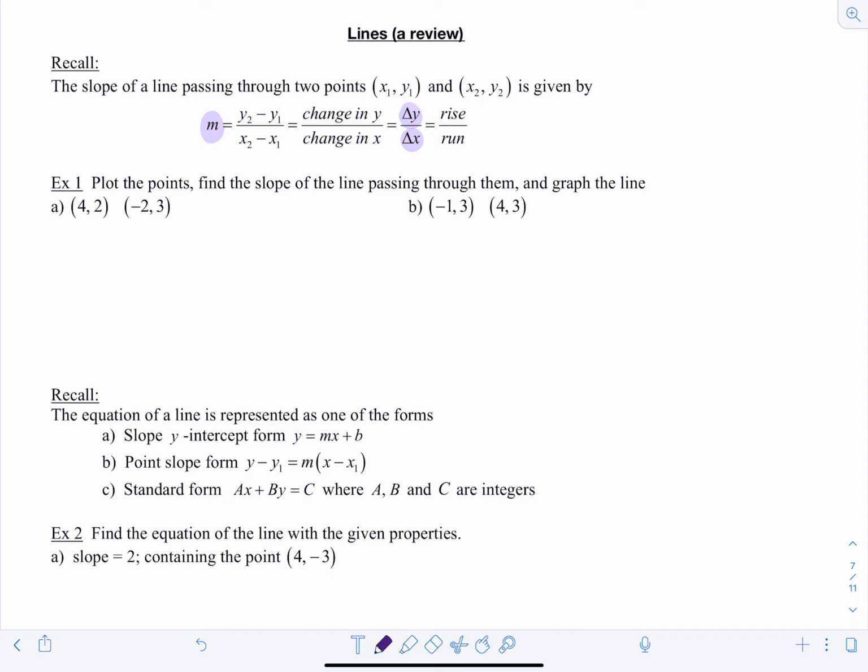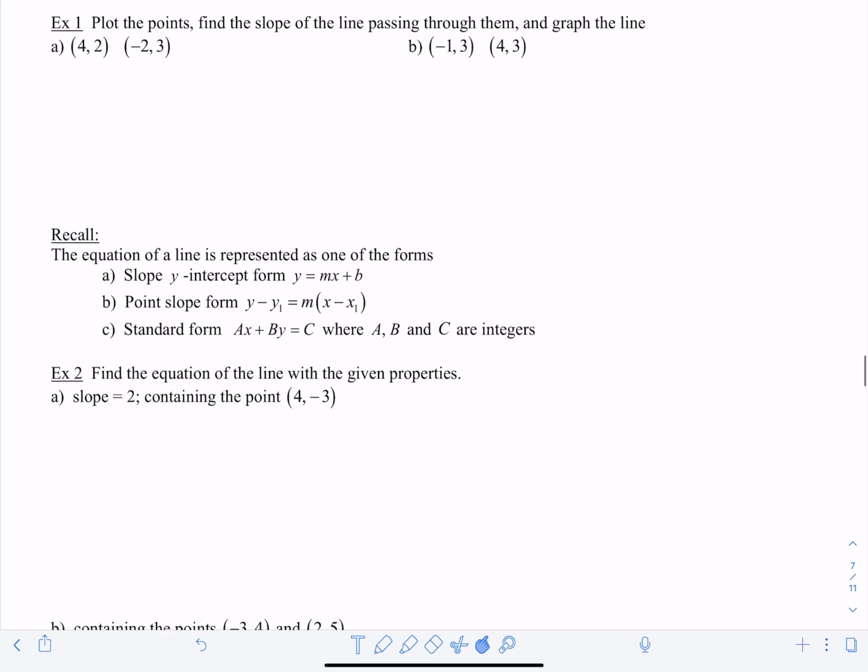We're going to plot the points, find the slope of the line passing through them, and graph the line. So to begin, let's go ahead and plot the points on our coordinate axes. Make sure you label everything nicely. We have the 2 points 4, 2 and negative 2, 3.